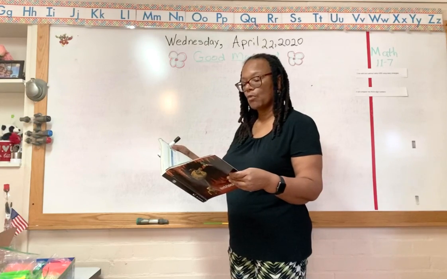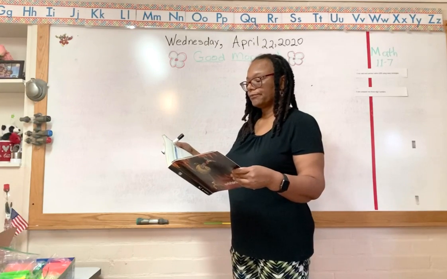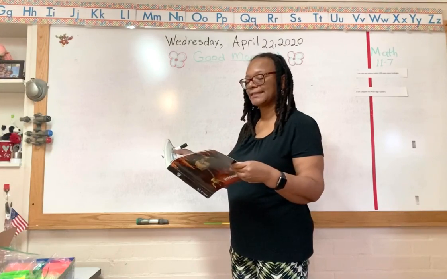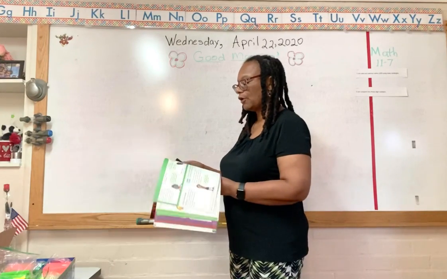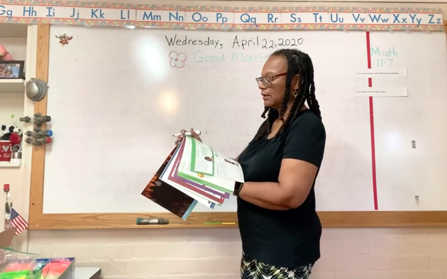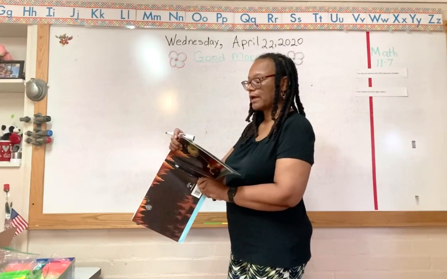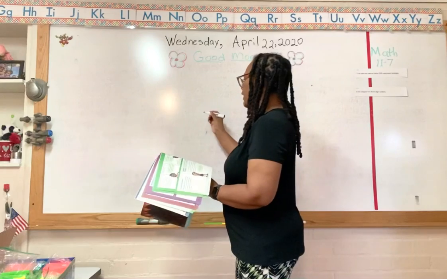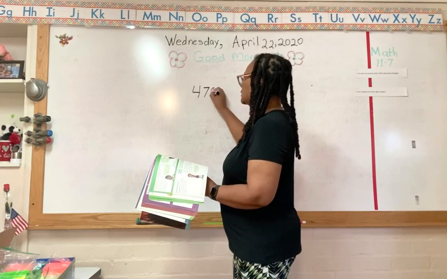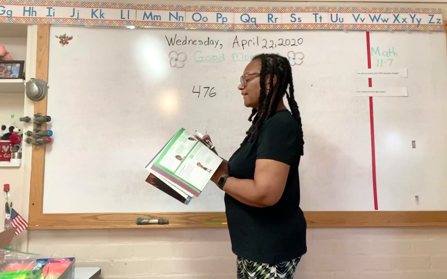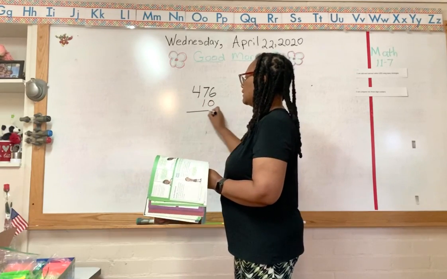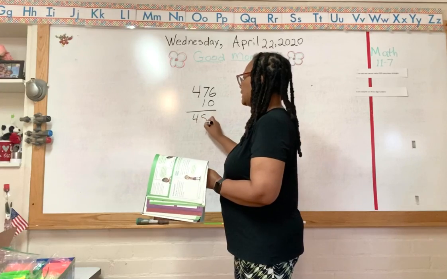They want to sell 10 more tickets than first grade. So we have to figure out, well, how many did first grade sell? You know, we're in competition now. So they already sold 476 tickets. And you want it plus 10, 486.